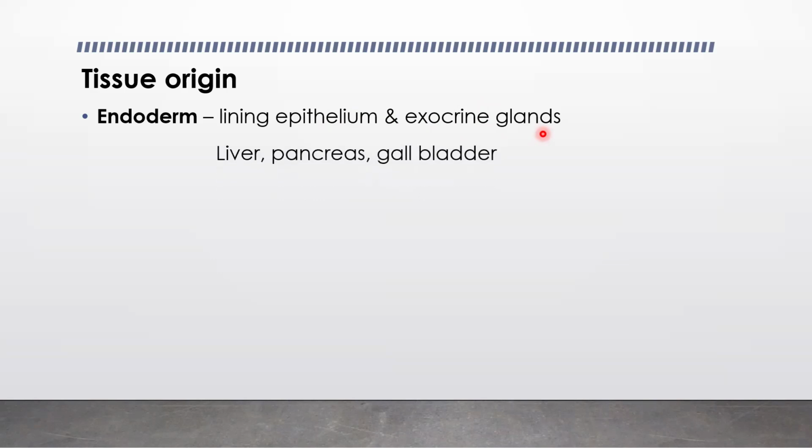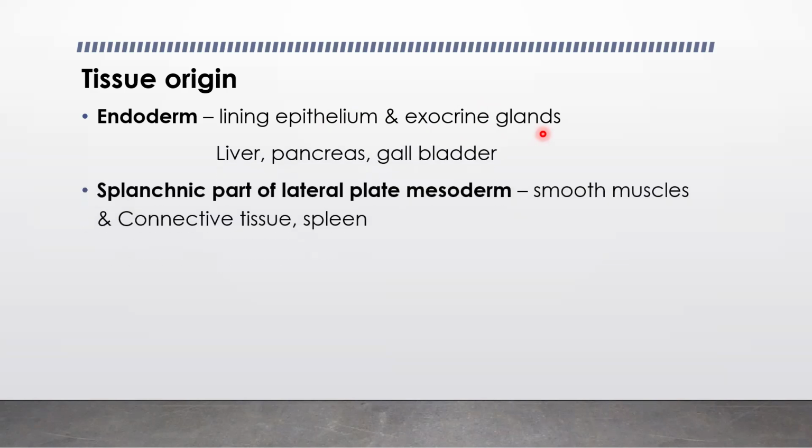Okay. So I've talked about the liver, pancreas, gallbladder, and also the salivary glands. Then you'll have the splanchnic part of the lateral plate mesoderm, which will give us the smooth muscles. We talked about the 3 muscles: the muscularis interna, the circular muscles, and the longitudinal muscles.